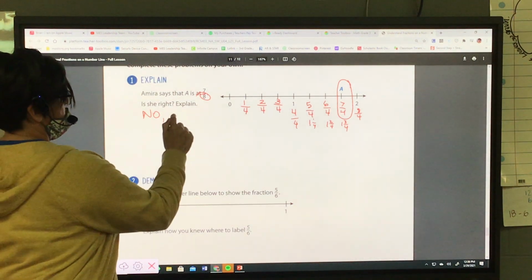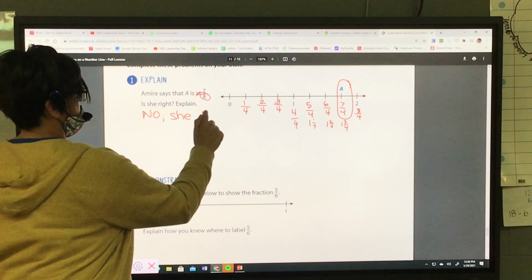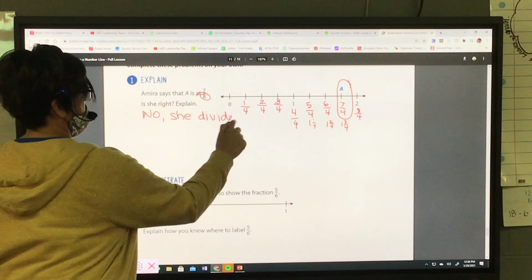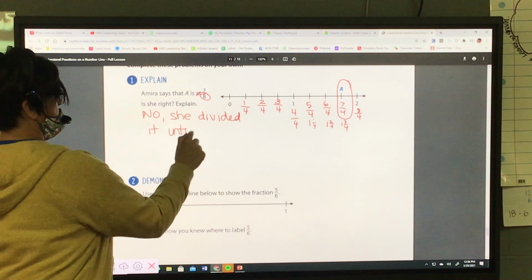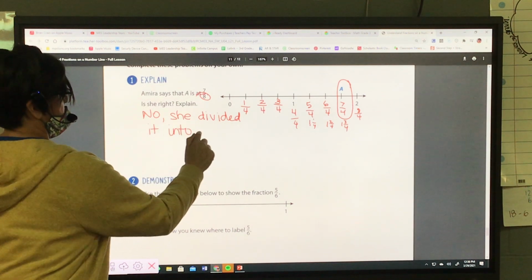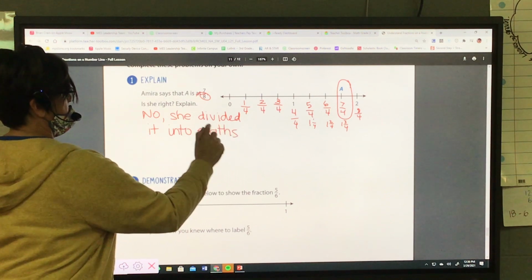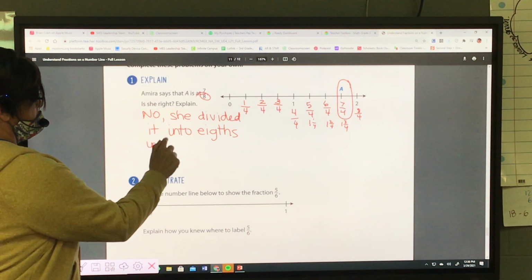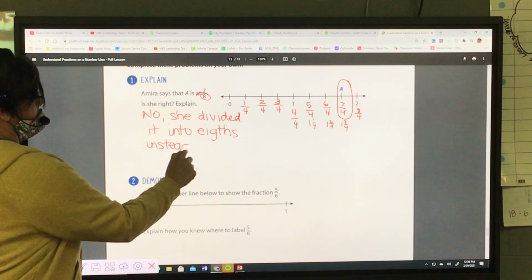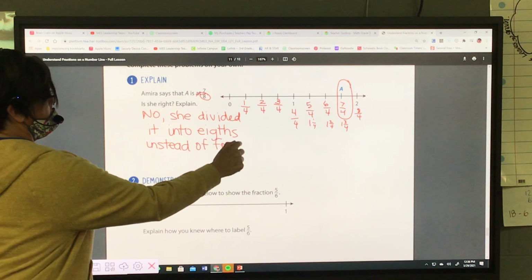So no, she divided it into 8s. Instead of, what did we say? Instead of fourths.